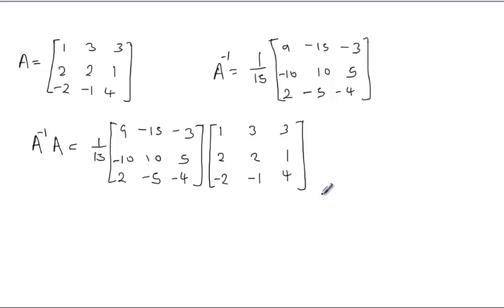The determinant is minus 15. Are we sure, guys? Double check the determinant. So then we've got 1 over minus 15 here, minus 1 over 15. Is that correct? Did you get minus 15?